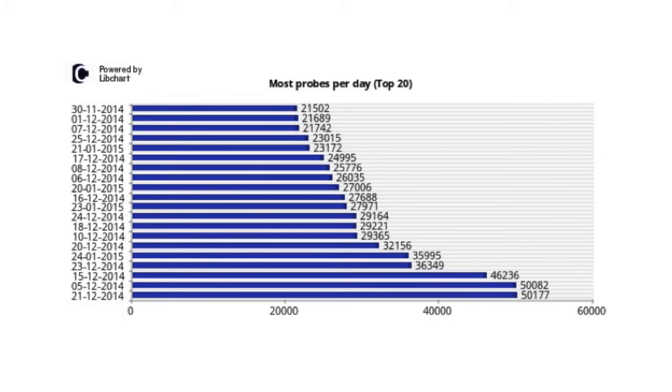We had days where we had 50,000 guesses here, December 5th and December 21st. Even though this is a honeypot that isn't really advertised any place, it still gets an awful lot of attention.